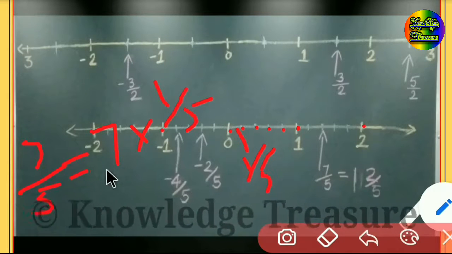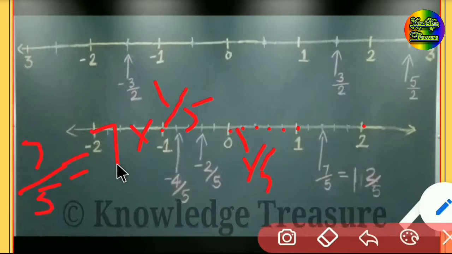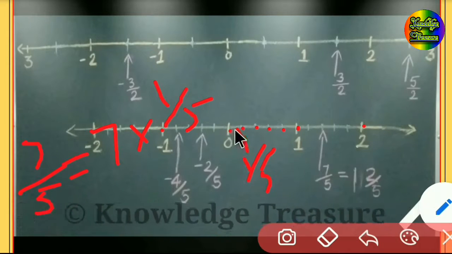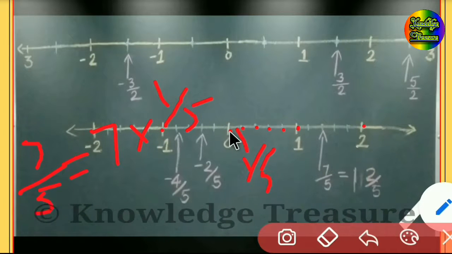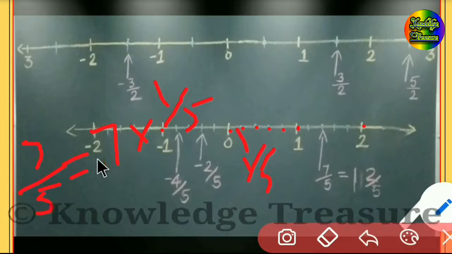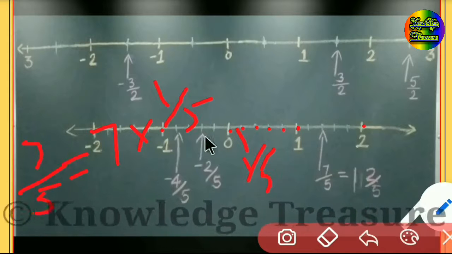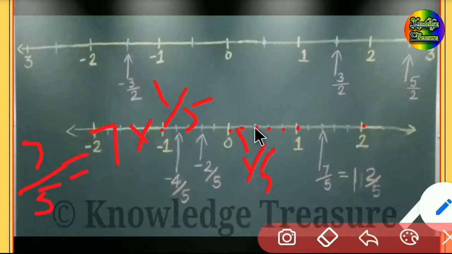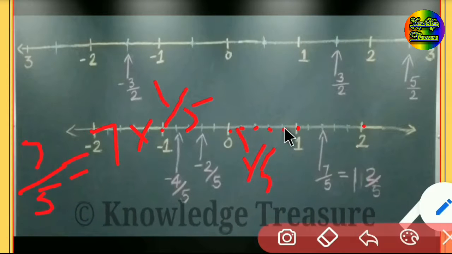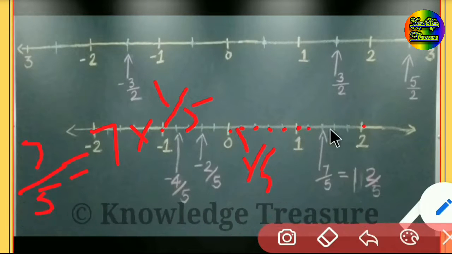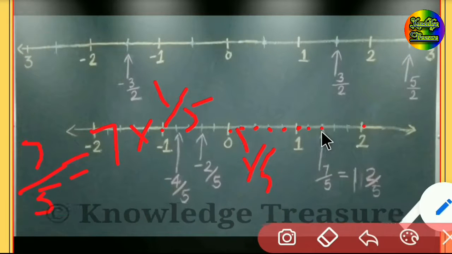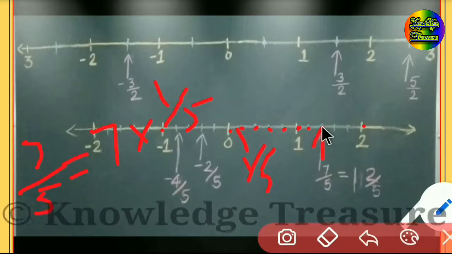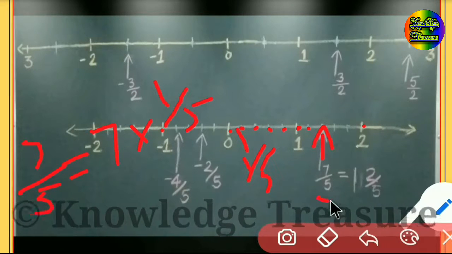So how many subparts do you have to count? 7 subunits. You have to count on the right hand side because this number is a positive number. So start from 0. The first point, second point, third one, fourth one, fifth one, sixth one, and seventh one. So here is our number, which is nothing but 7 upon 5.